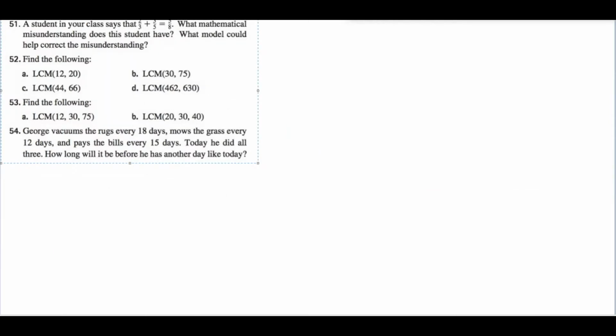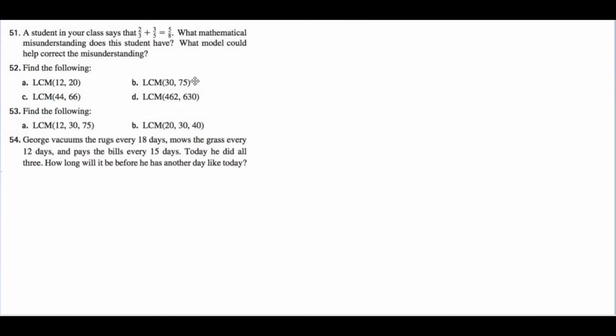When you look at these next problems, a student in your class says that 2/3 plus 3/5 equals 5/8. I think it's fairly obvious what the student is doing, but maybe not, because I've had people tell me that this is obvious, and I'll sit there and not be able to figure it out.